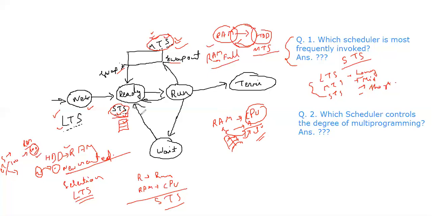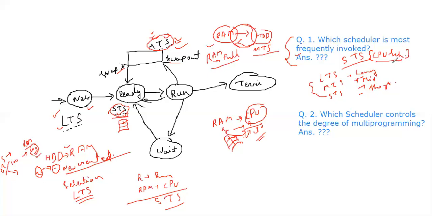So the short-term scheduler is most frequently invoked because this is the scheduler which sends processes for execution into the CPU. Hence, the short-term scheduler is also known as the CPU scheduler. So be careful.